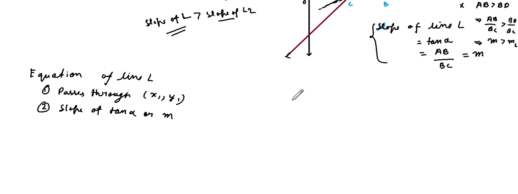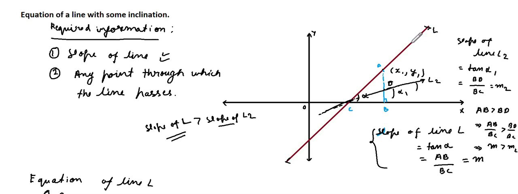Now to find the equation of such a line, we can take some random point here, let it be x, y, and let these x, y be such that they satisfy all the points falling on line L. Now I will do some construction again, in a different color so that it is visible to you.